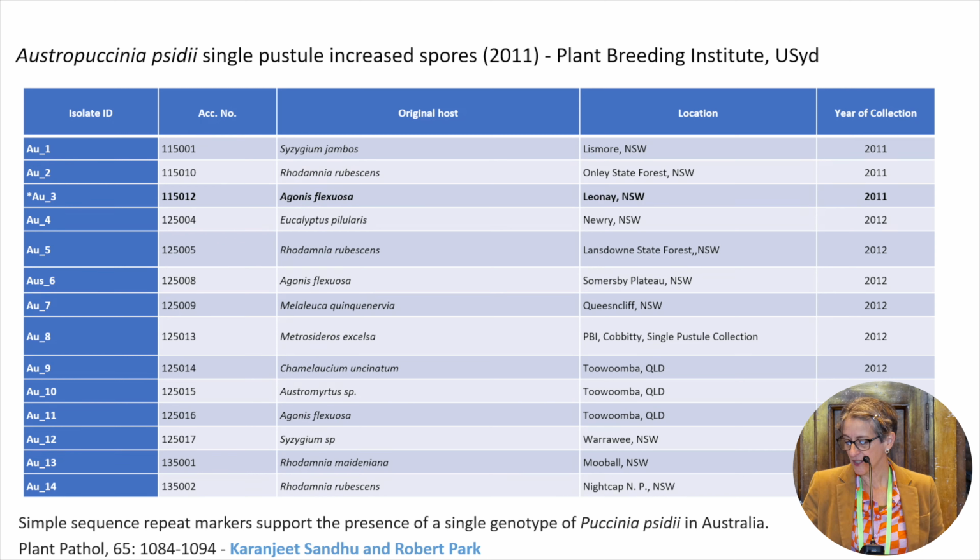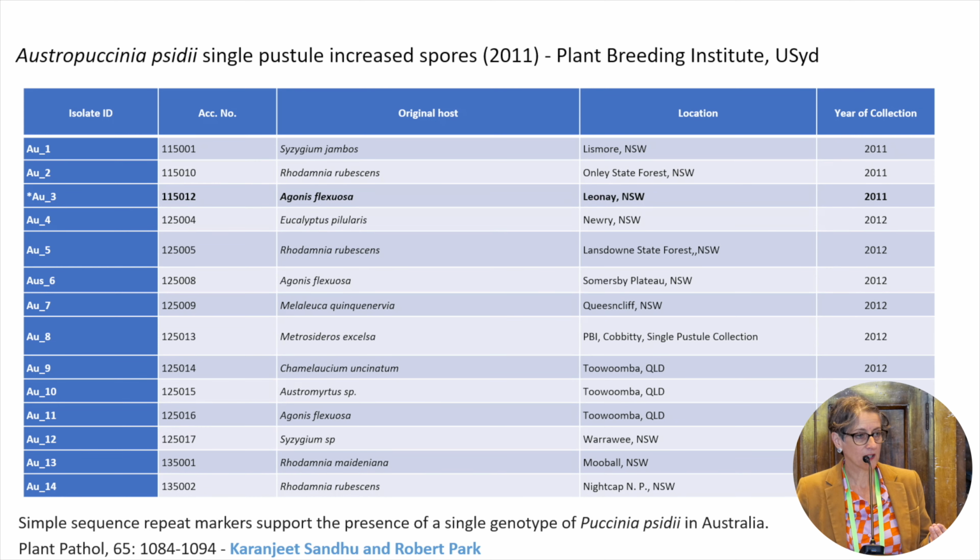The Plant Breeding Institute, as Robert's been involved in for many, many years, when the incursion of myrtle rust came to Australia, one of the initial projects that he and Karanjit Sandhu were working on was actually collecting those early isolates and getting single pustules and increasing them, and then developing a bit of a collection of those.